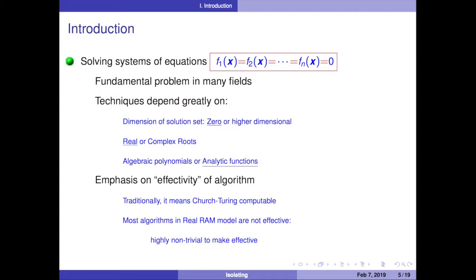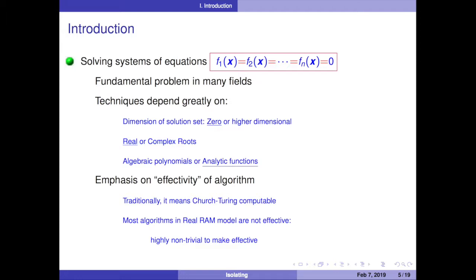Because if you have a non-zero dimensional system, say a one-dimensional system, you're tracing a curve or a surface or hyperplane or whatever, and that requires different techniques. It also depends on whether you're talking about real or complex, and we are talking about real, because again, the primitives are very different, and whether you're talking about algebraic polynomials or analytic functions.